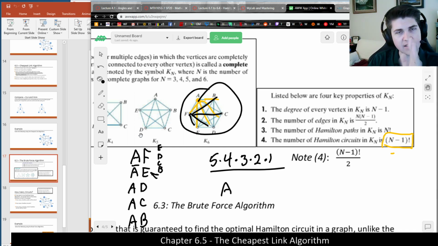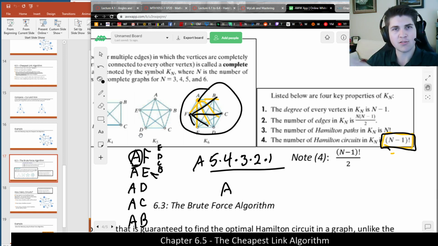N factorial gave us the number of sequential coalitions, but actually notice it's n minus 1 factorial instead because A was fixed. We're starting at A and we're ending at A. We had 5 other points to permute in that list in order to find all the circuits.